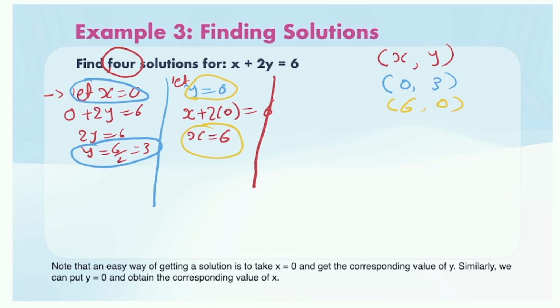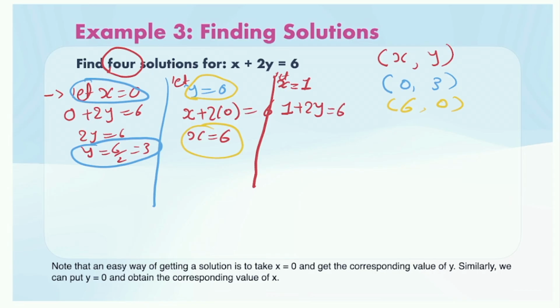For the third one, let me put x equal to 1. Or you can put any number, x equal to 2, for anyone. Let x equal to 1. So it will be 1 plus 2y equal to 6.